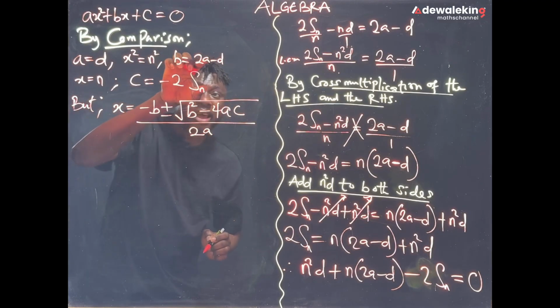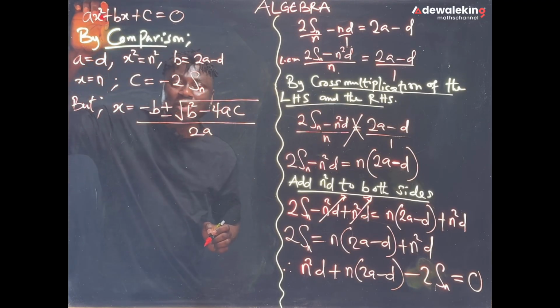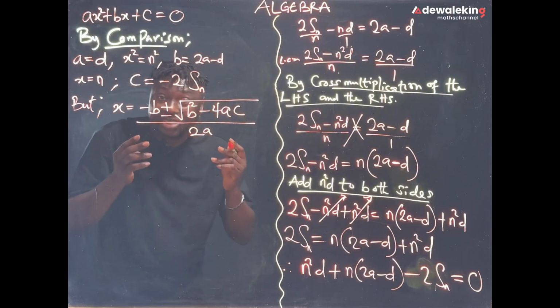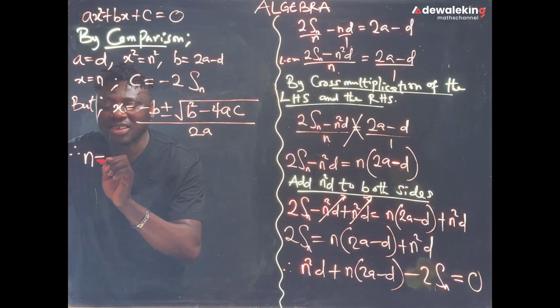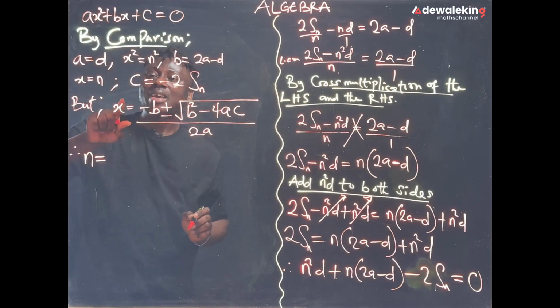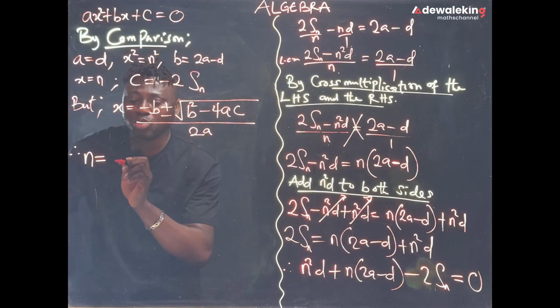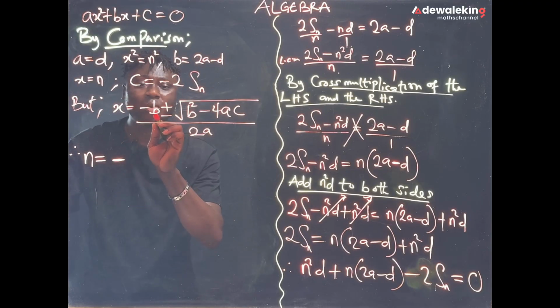So as we have compared the quadratic equation with this, we can easily say that therefore n is equal to, that means because our x is equal to n, so n is equal to minus, what is our b?